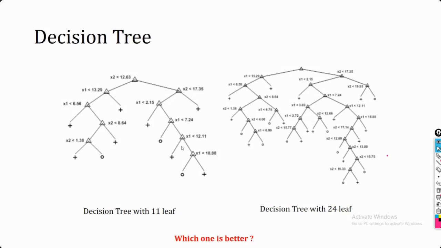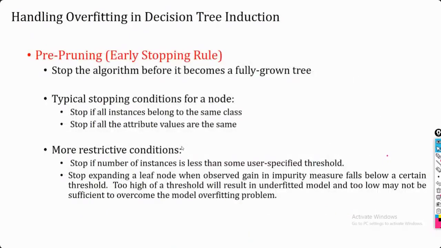This is representing your overfit case. And if the decision tree is just one or two levels, it is representing your underfit case. That means the model has not learned much information from your data, just a random representation is there. So you can use this to define overfitting and underfitting in case of your decision tree. So what could be the way to deal with it?